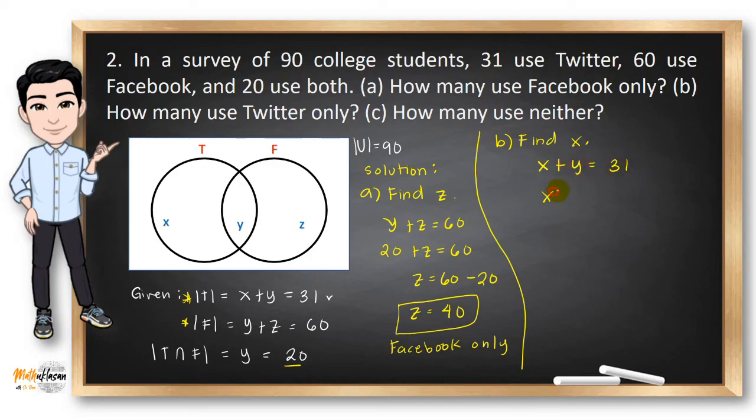We all know that Y is already given, which is 20. Now, transposing the value of 20, we'll have X equals 31 minus 20 on the right. And 31 minus 20 is 11. Meaning we have 11 students who use Twitter only.